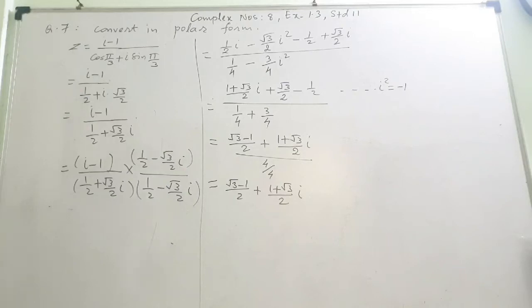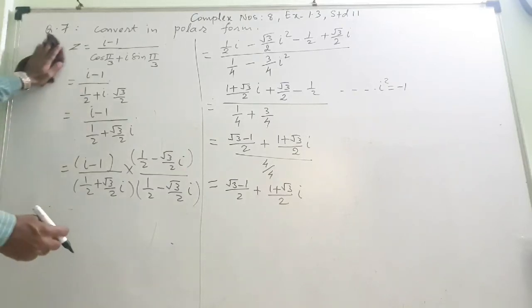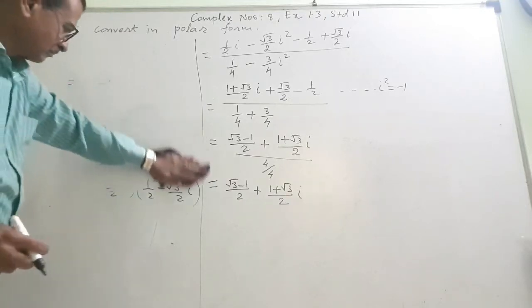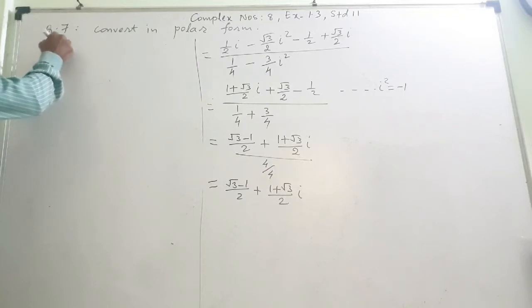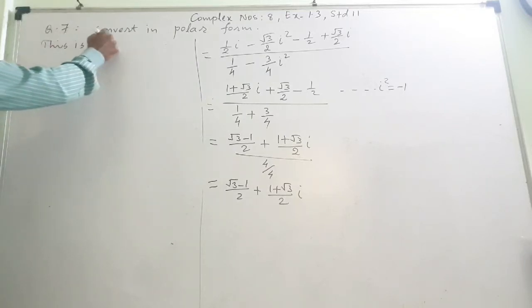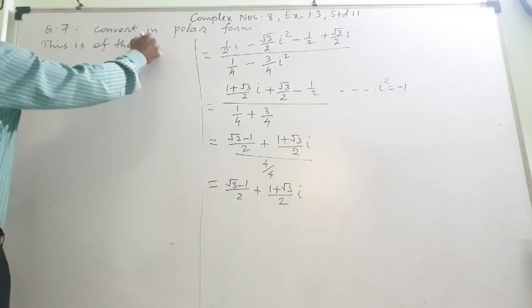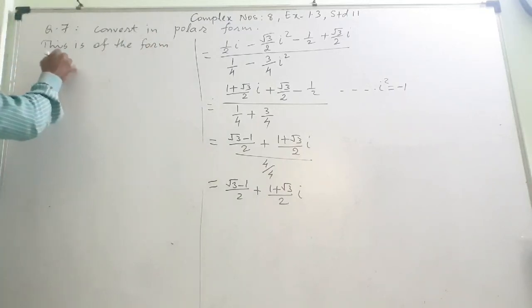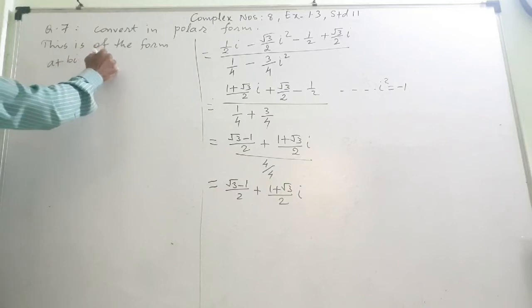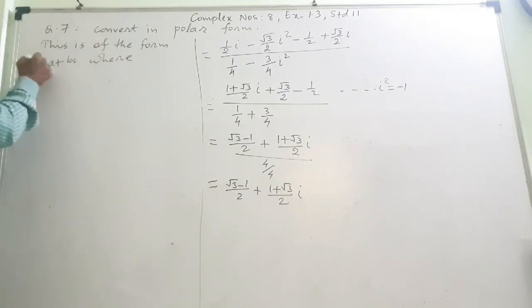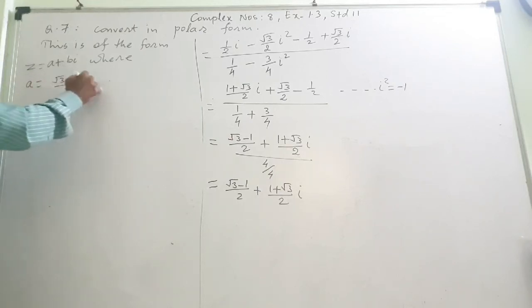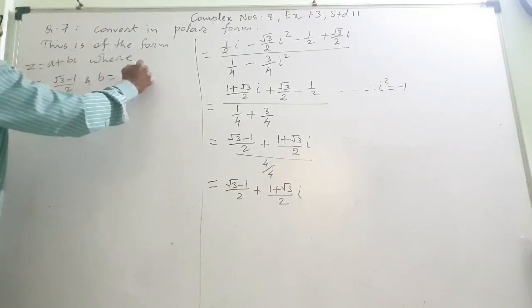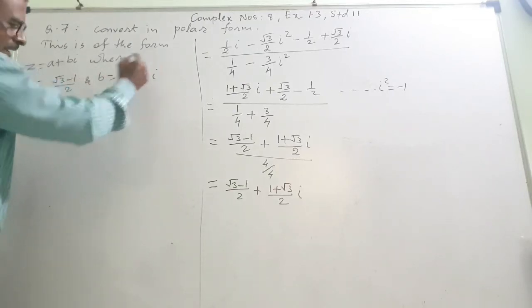So you will write it: this is of the form a plus bi, where I will write z equal to, where a equal to what? Root 3 minus 1 upon 2 and b equal to 1 plus root 3 upon 2i.